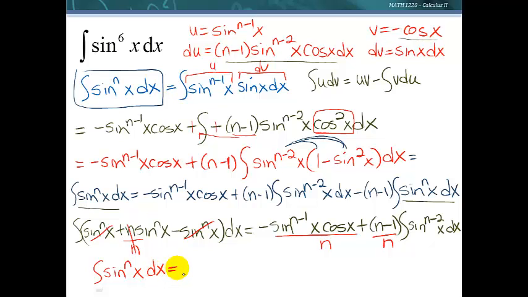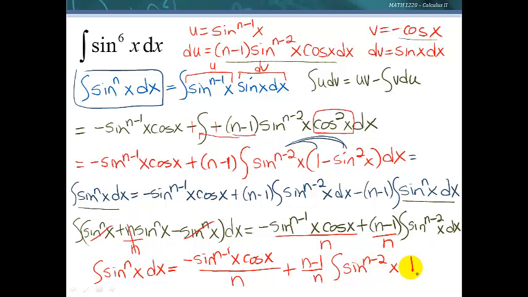And what it equals is negative sine to the n minus 1 x cosine x, and that's divided by n, plus n minus 1 over n times the integral of sine to the n minus 2 x dx.